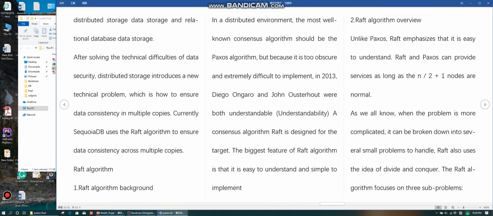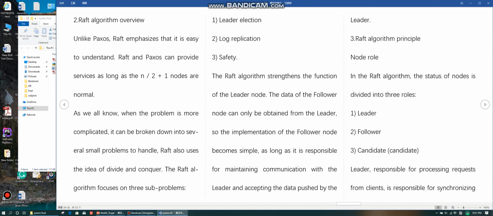The Raft algorithm is also a way to achieve distributed data in a DBMS. As we know, when a problem is more complicated, it can be broken into several small problems to handle. Raft also uses the idea of divide and conquer.